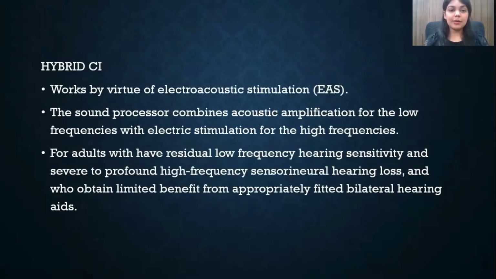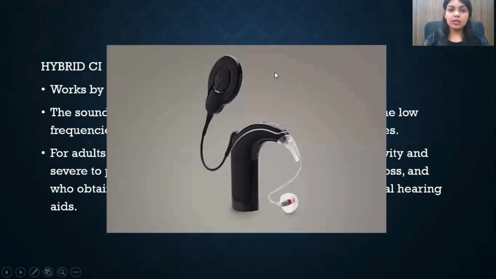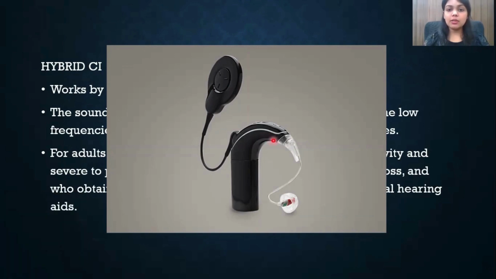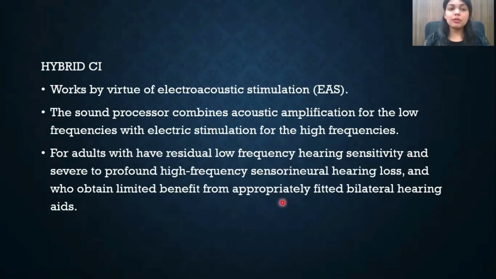Next is a hybrid CI. So what is a hybrid cochlear implant? So this is how it will look. So in this picture, you can see a cochlear implant sound processor, but as well as you can see a receiver at the tip, like that in a hearing aid. So a hybrid CI works by virtue of electroacoustic stimulation. So here what happens is that the high frequencies will be stimulated using the electrical stimulation through the cochlear implant, and the low frequency amplification will be provided from the hearing aid.